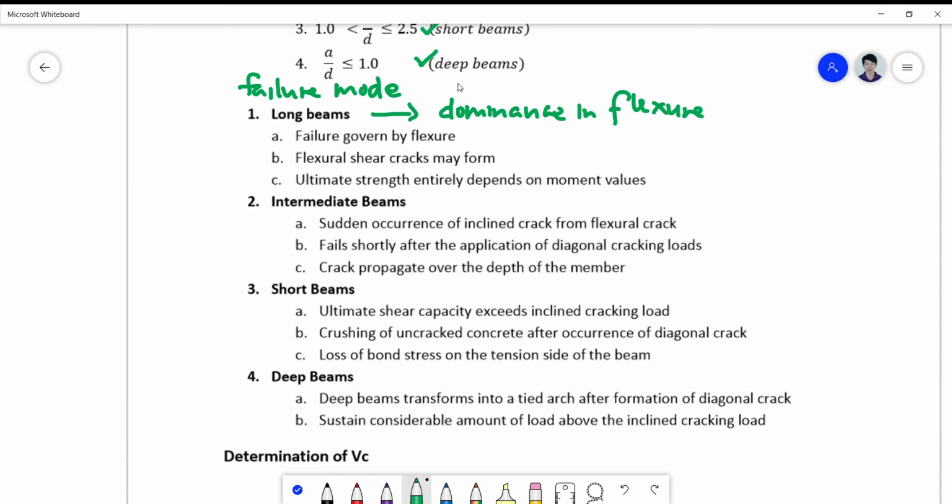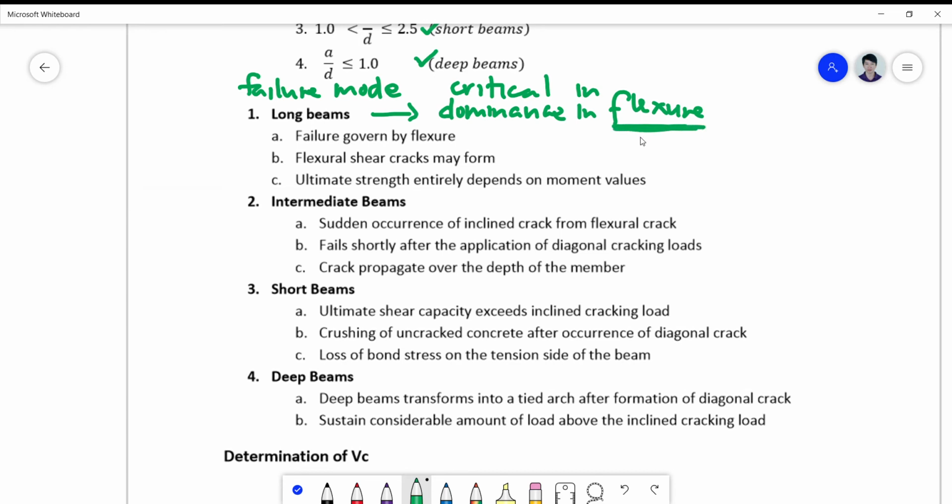If you don't want to use the word dominance, it's critical in flexure. And the flexure shear crack actually is the point of observation, because this is more likely to form. Remember the crack pattern that I discussed a while ago. And also, your ultimate strength entirely depends on the moment values. So in short, class, when you are looking into a long beam, all is actually focused on the flexural behavior.